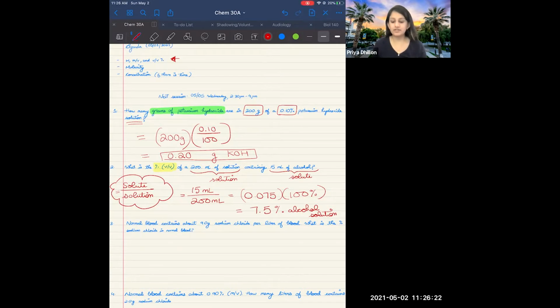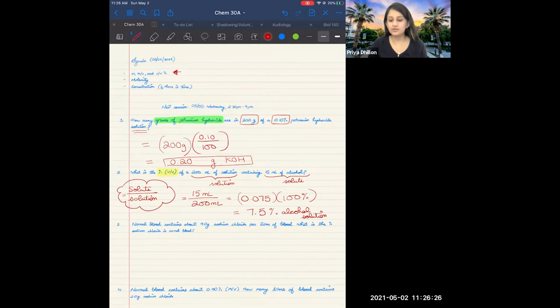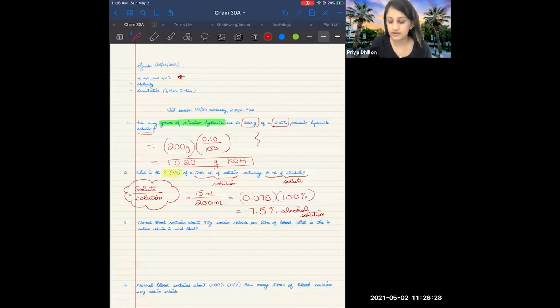I guess I found another way to do the first problem. You can use whichever way, but the answer is going to be the same. So remember how we talked about M over V? You could just put 200 grams here, and we are looking for the grams. And then you just put 0.10 over 100.